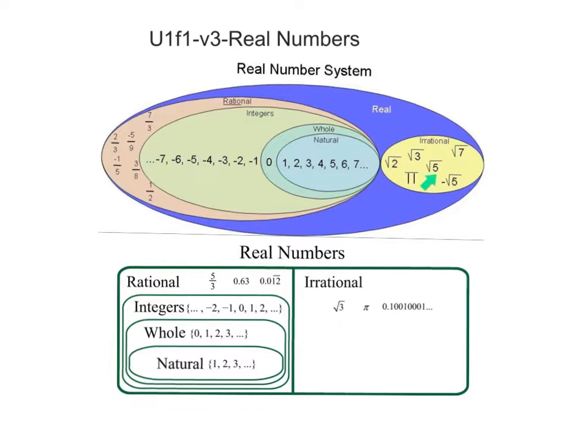Also up here you can see most square roots or radicals are irrational numbers. But be careful, square root of 4 is 2. So that would be down here in the naturals and the rational numbers. But the square root of 5, if you take the square root of 5, it's a never-ending decimal, so that would be an irrational number.